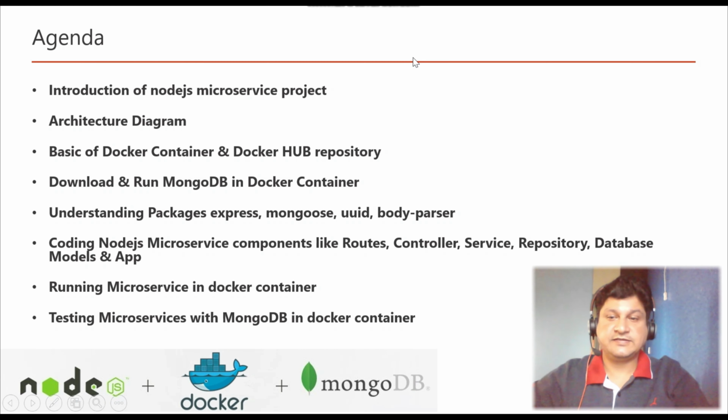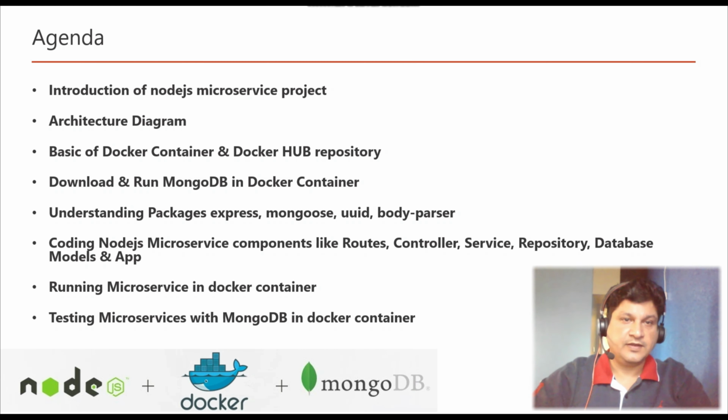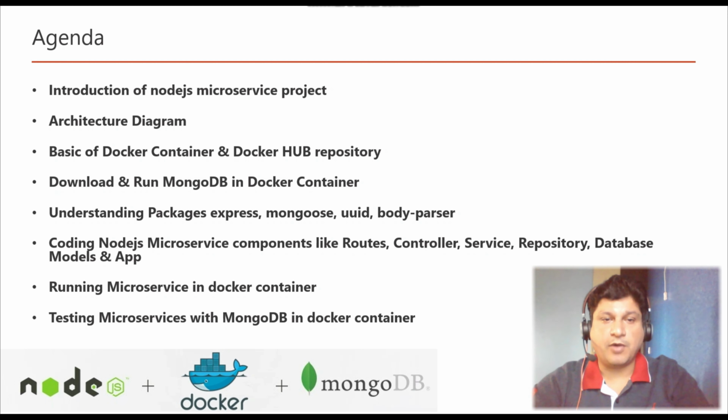So friends, here is the agenda of this tutorial today. I will give you an introduction of the Node.js microservice project. What are we trying to achieve in this tutorial? I'll cover that with an architecture diagram. I'll explain what this tutorial is all about. Then I'll give you a brief introduction of Docker containers and the Docker Hub repository. Then I'll show you how to download and run MongoDB in a Docker container.